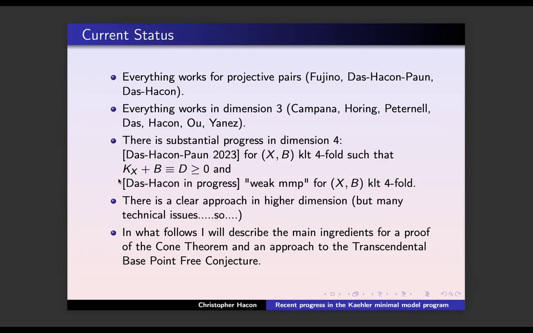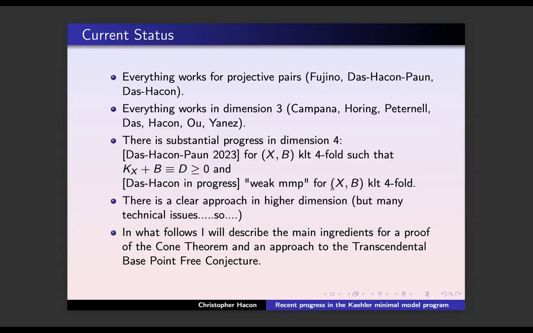So it works for KLT fourfolds, which are numerically effective, equivalent to an effective divisor. So the effective case is now published. And we have significant work in progress for the pseudo-effective case.